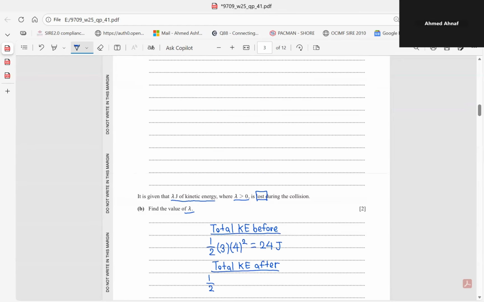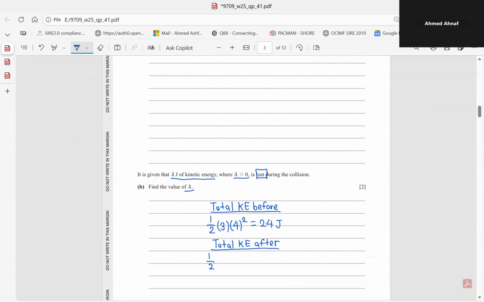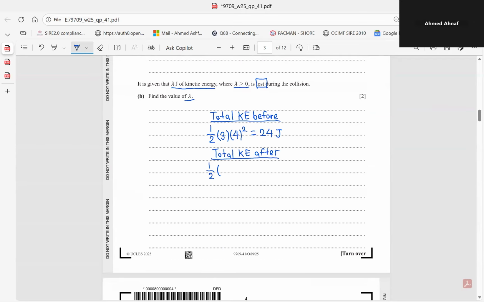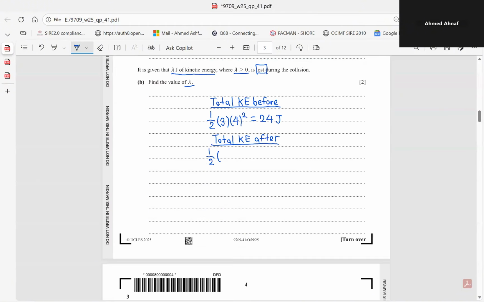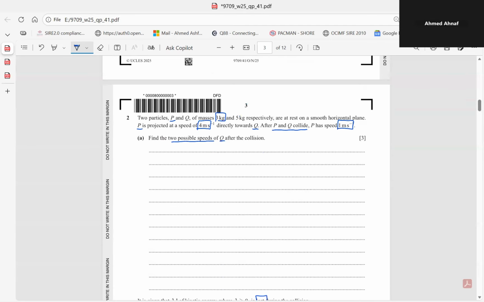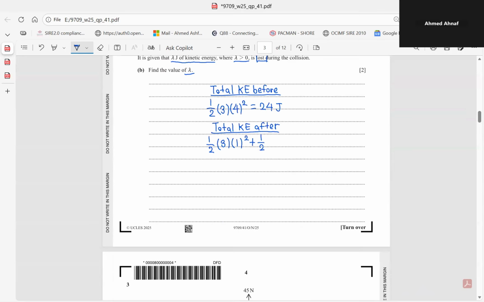Okay, so after P and Q collide, P has speed 1 meter per second. So find the KE of P, so half m, that is 3 for P, v squared, which is 1 squared, and then plus that of Q. So Q's m is 5. So obviously it has to be half times m, which is 5, and then the first speed, we're going to use 3.